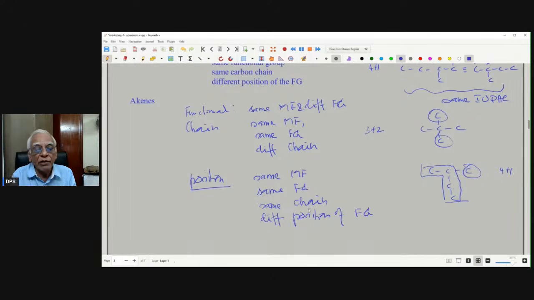You should be able to remember them for the definition's sake. Functional isomer: different functional group. Chain isomer: same molecular formula, same functional group, different carbon chain. Position: same molecular formula, same functional group, same carbon chain, but different position of the functional group.